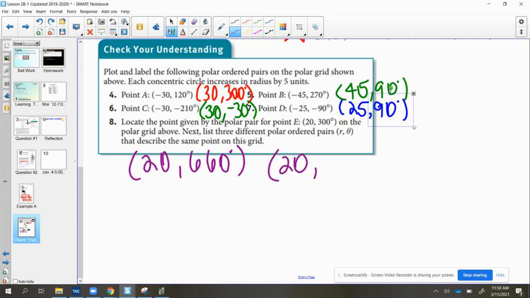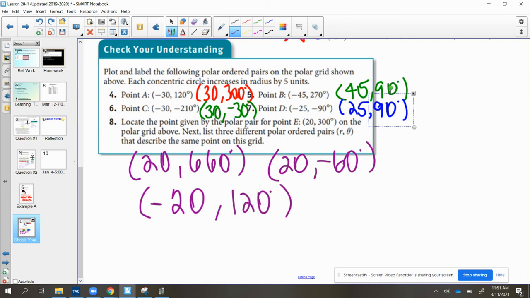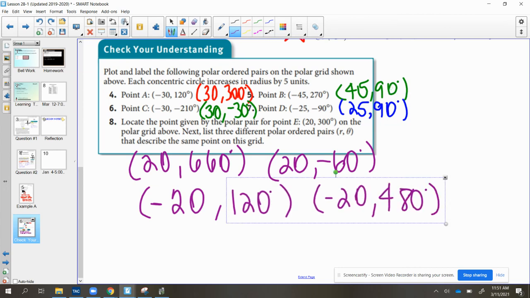We could add or subtract, so we'd end up at 20, 660 or 20, negative 60 degrees. But again, we could also consider, if I change this to a negative 20, I could subtract 180, or maybe I would want to add 180 to the 300. These are some other possibilities that you could have as an answer there.